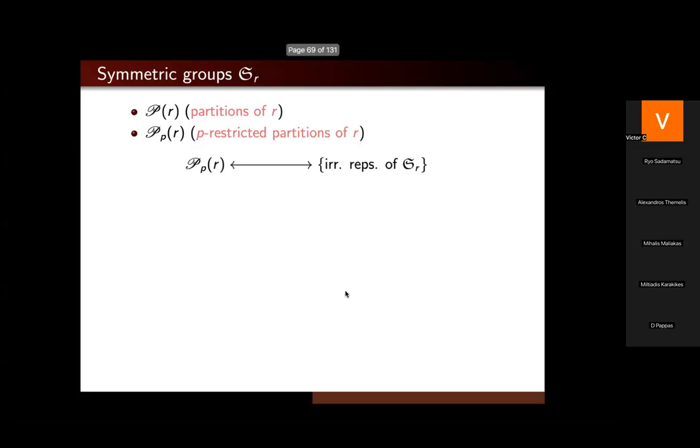And I have a correspondence. For any P-restricted partition, I can give you an irreducible representation, and that's actually all. This is how I can construct all the irreducible representations. By the way, construct, I didn't really mean it. I don't construct them, I just label them. What are they? Nobody knows.